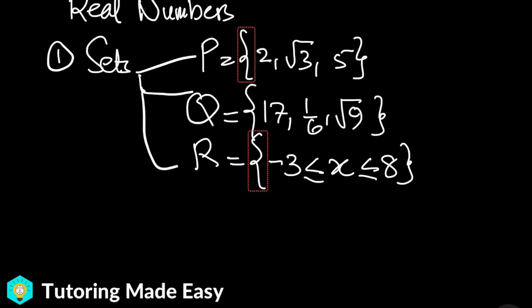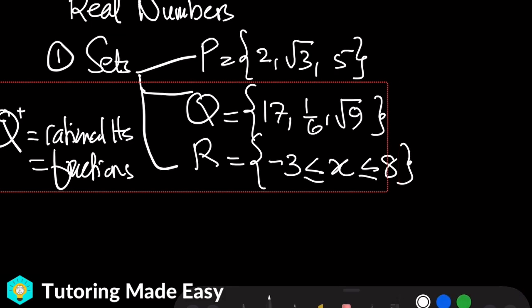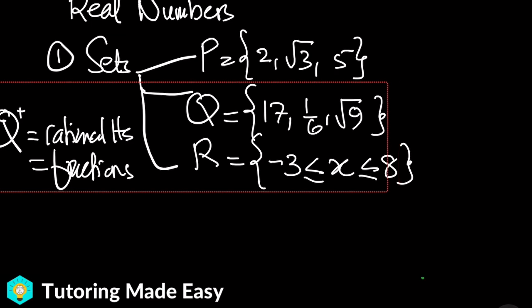Remember that when we say a set is rational, it means that it contains fractional numbers. Rational numbers, which are represented by Q plus, are the ones that are fractions. If we look carefully, we can see that set P does not contain any fractions.